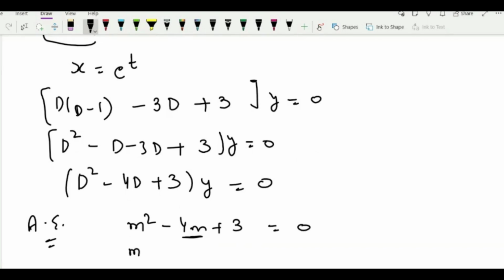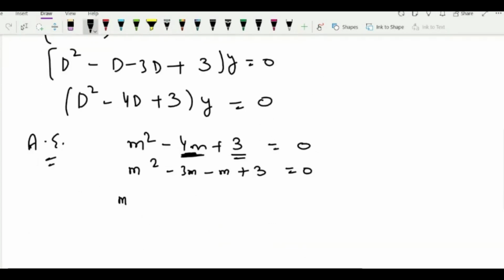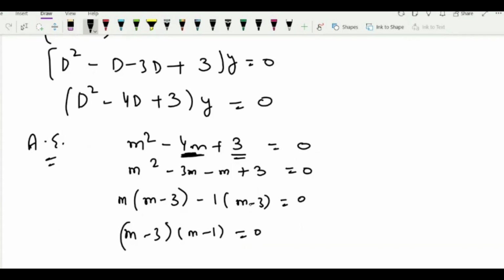We can see minus 3 and minus 1, the sum of minus 3 and minus 1 is minus 4, and their product is 3. So we can break it down into m square minus 3m minus m plus 3 is equal to 0. Taking m common, m(m minus 3) minus 1(m minus 3) is equal to 0. So we get (m minus 3)(m minus 1) is equal to 0, which gives m is equal to 1 and 3.